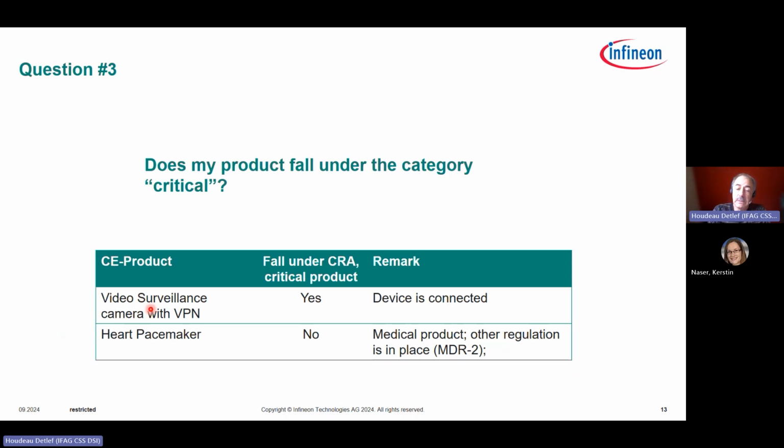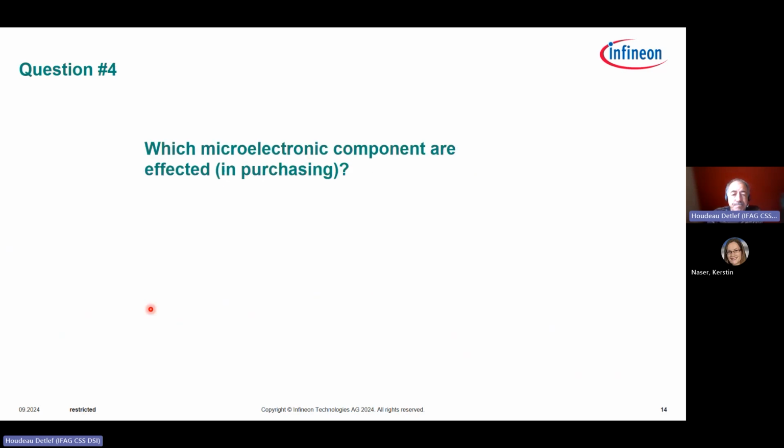This product is connected, has digital data, has hardware and software, but this product must go to the market under the medical device regulation and needs to follow other criteria of the European Commission to get into the market.